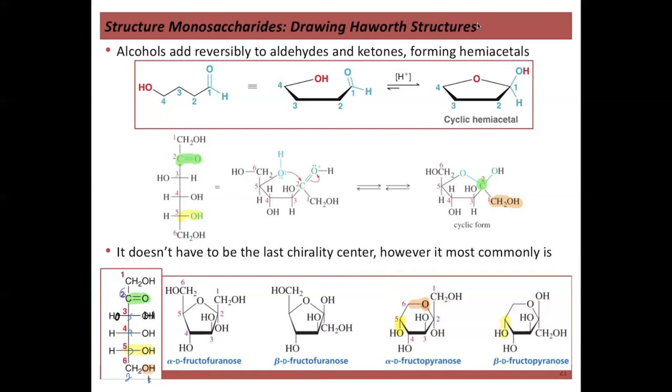So to identify if it's a D sugar, you have to go to the last chiral center, which is right there. And notice it's down, which means that it would be to the right in the Fischer projection, which means that this is a D sugar. Okay, so that's an important skill.